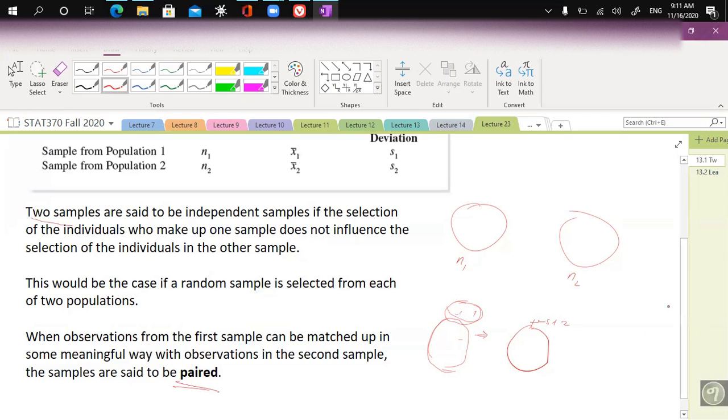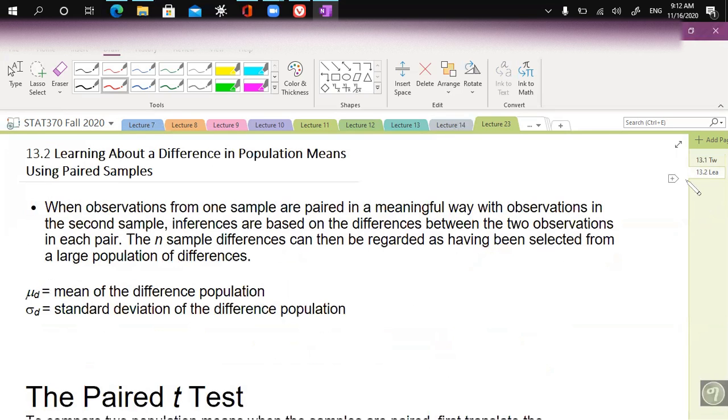So once you have figured out whether your samples are independent or dependent, the next step is making inference based on paired samples or based on independent samples. First we will look at paired samples: how to construct a confidence interval based on paired samples, and how to perform a hypothesis test based on paired samples.